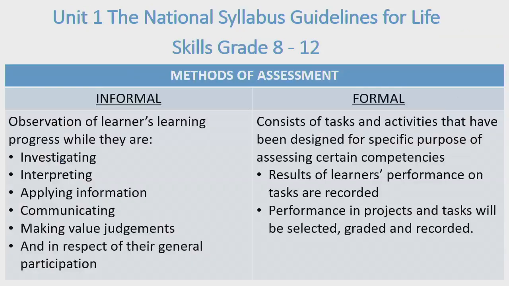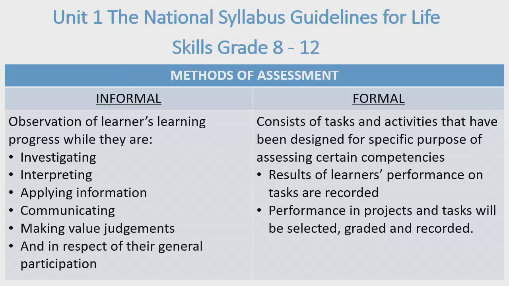Then the methods that we use to assess learners are the formal and informal. Now you can always just look at the names of those and it will guide you in terms of what exactly it entails. So informal assessment is based on observation of the learner's learning progress.